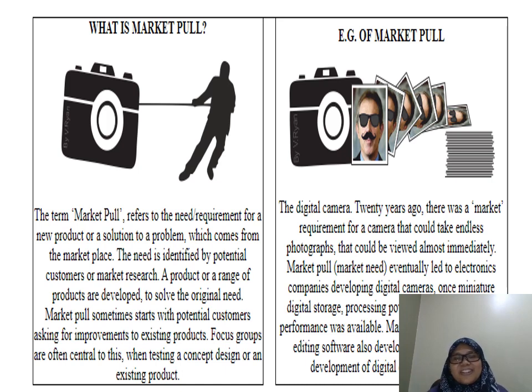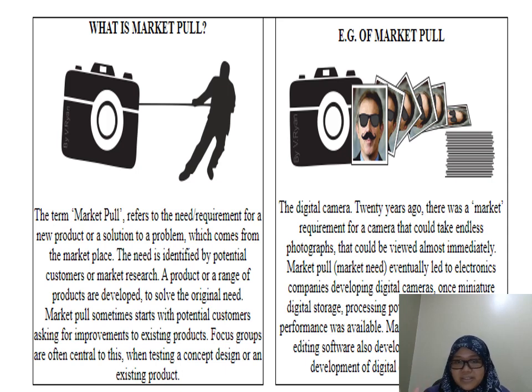Later on, there was a requirement by the market for a camera where they could see the photograph immediately. That's when they got the digital camera. So the market pull need eventually led to electronics companies developing the digital camera, once miniature digital storage, processing power, and improved battery performance were available.